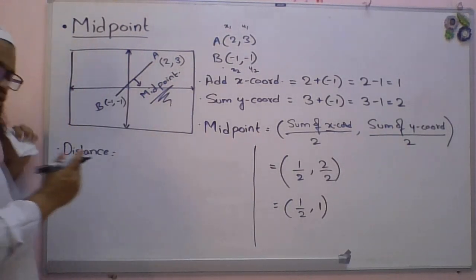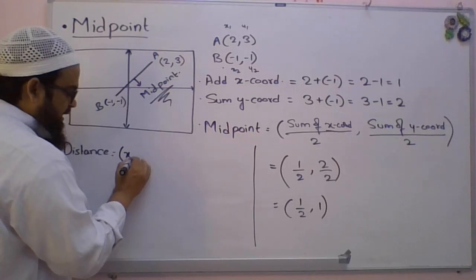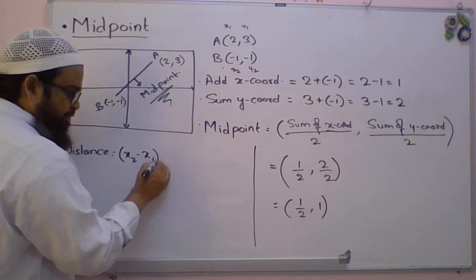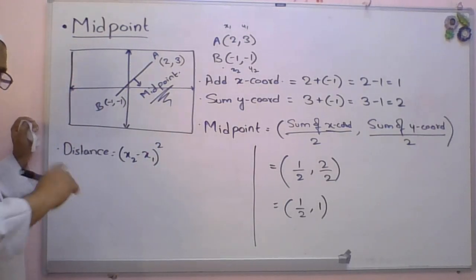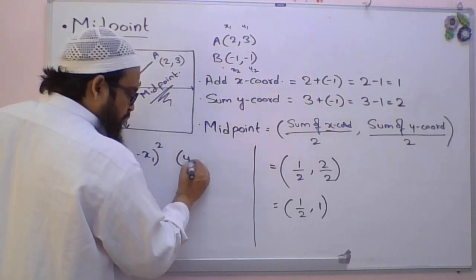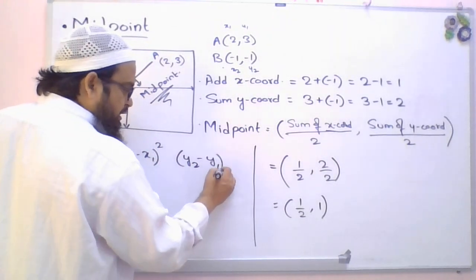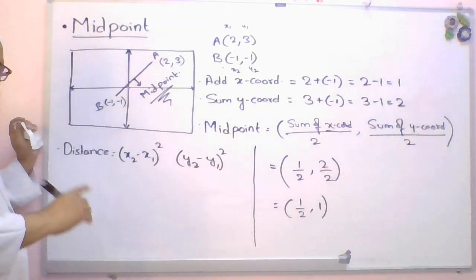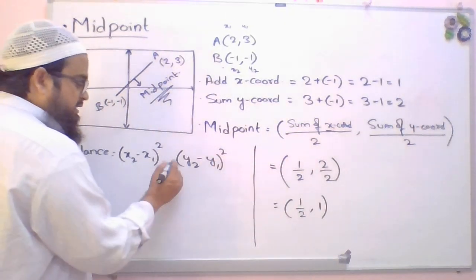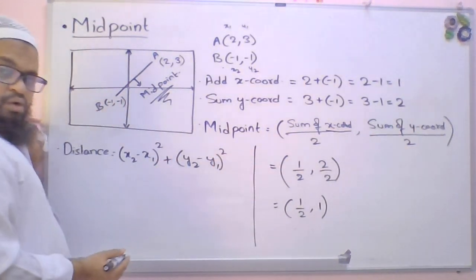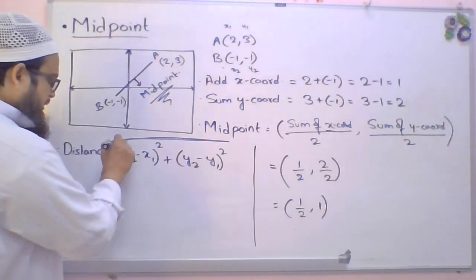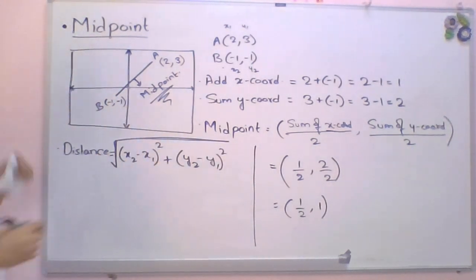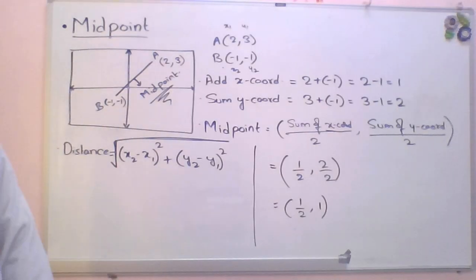What you are supposed to do, find the difference of x coordinates, x2 minus x1, after that we square it. And next what we have done, y2 minus y1 and square it. After that, what is the third step? Add these two. What is the fourth step? Square root of this one. So this is the formula for distance between 2 points.